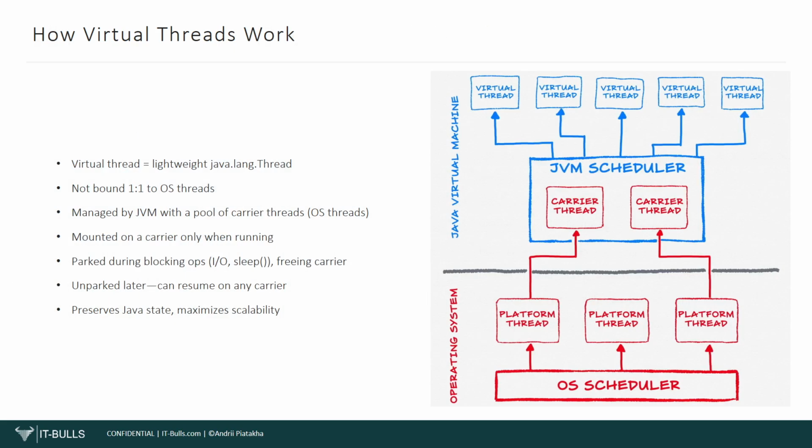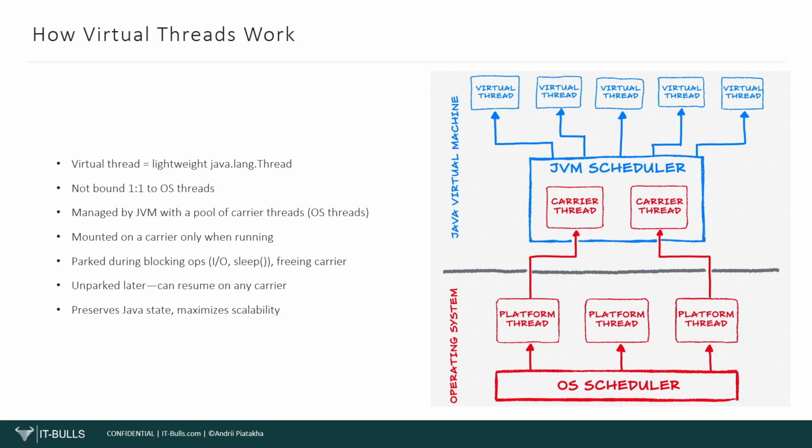Now that we have understood why we need a better model for concurrency, let's take a closer look at what virtual threads actually are and how they work under the hood. A virtual thread is a lightweight implementation of java.lang.Thread, but unlike traditional threads, it is not tied directly to an operating system thread.